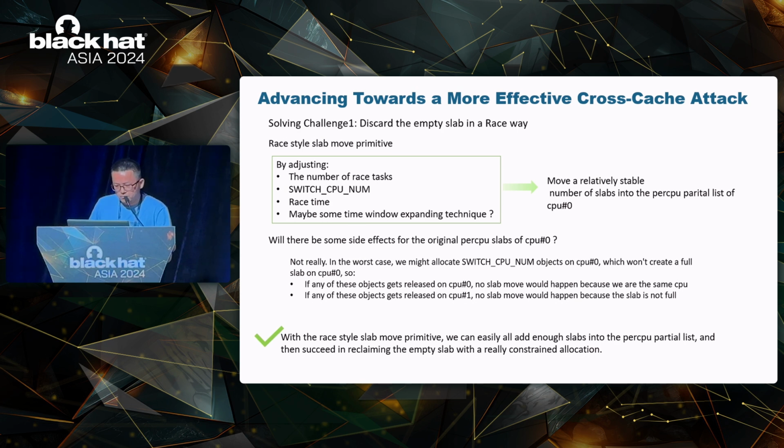By adjusting the number of race tasks, the number of tasks being switched, and the race time, we can move a relatively stable number of slabs into the partial list of CPU 0. So finally, with this race-style slab move primitive, we can add enough slabs into the partial list and then succeed in discarding the empty slab with a really constrained allocation.